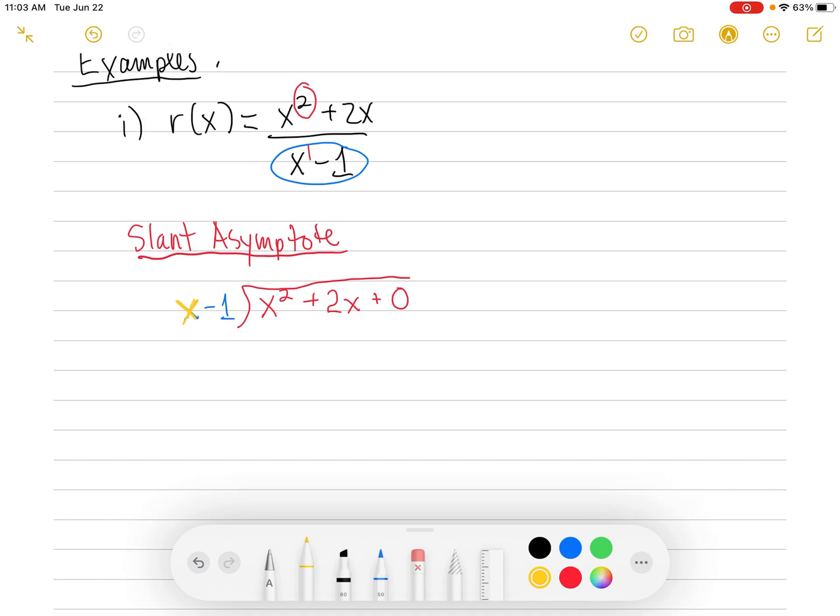Well, let's make this x out front here yellow. The question is, what times that yellow x will give you that red x squared right there? Well, x. And we're going to put an x up top. In the x column, now we're going to take that yellow x times that yellow x. We're going to get x squared. And then we're going to take that x times that minus 1. We're going to get minus x. And then we're going to subtract.